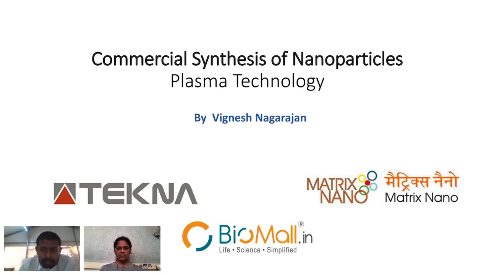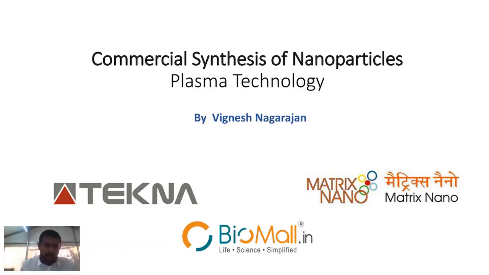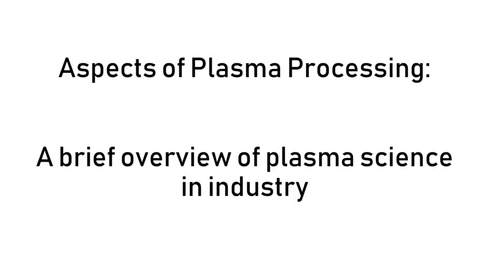Now this belongs to neither a top-down approach nor a bottom-up approach, but prima facie we can call it a top-down approach. Plasma has been used previously in multiple industries.